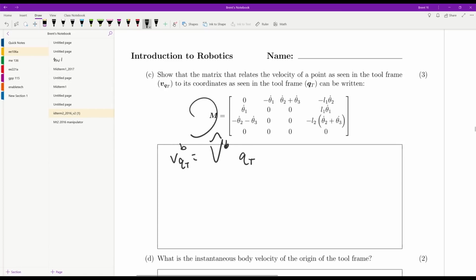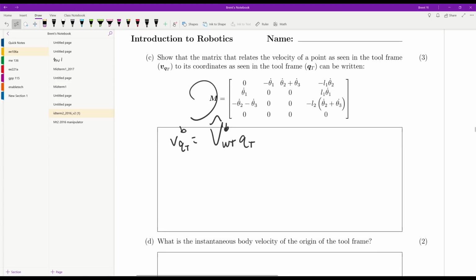So this is saying big V wedge here is this body velocity of the tool frame as it's moving with respect to the world frame. Okay, so now we just have to show that M and this big V wedge are equivalent. And we can do that by first computing big V_BWT as the body Jacobian multiplied by theta dot, right?